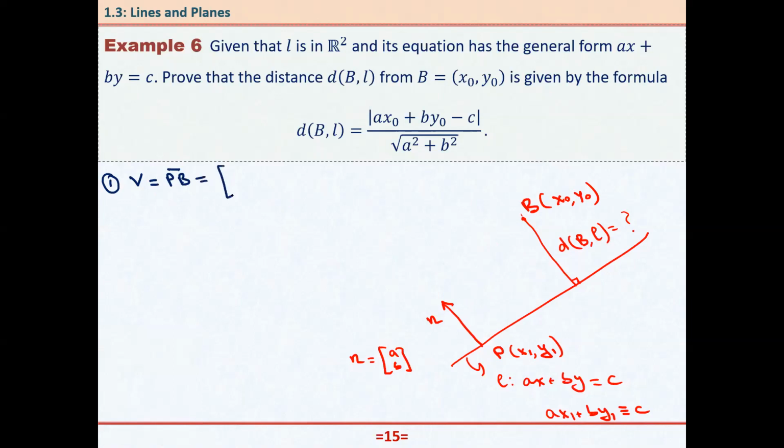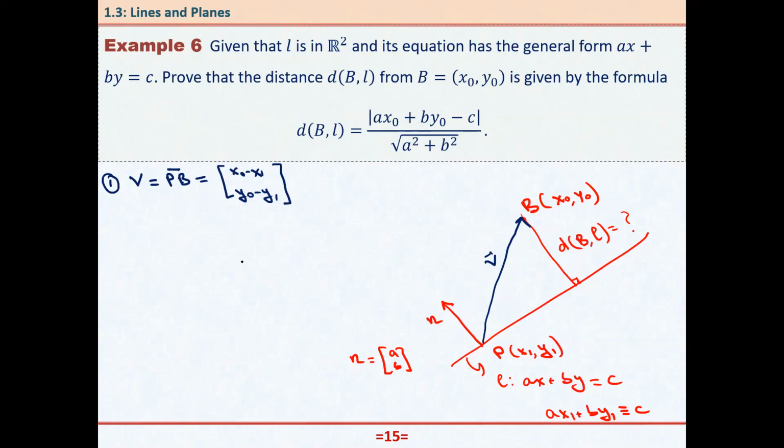And what are the components of PB, since we are connecting these two points? We're talking about this. That is vector v. The components will be x sub 0 minus x1, y sub 0 minus y1. So these are the components of v.